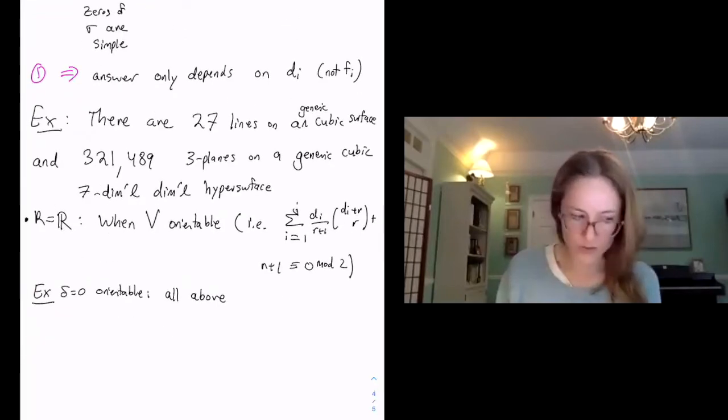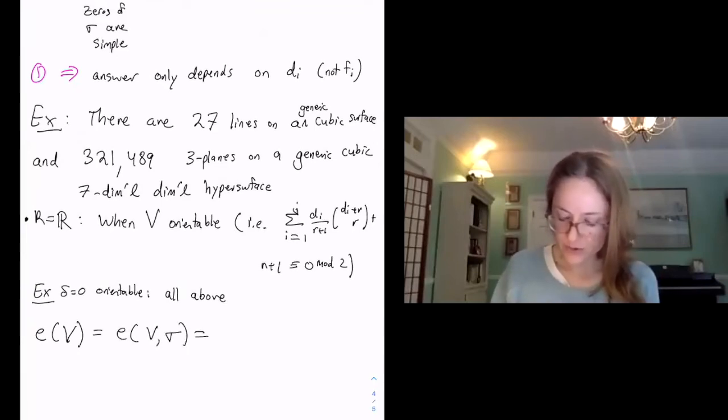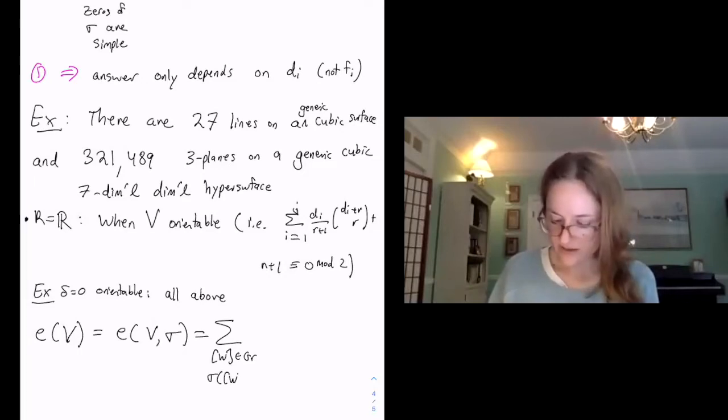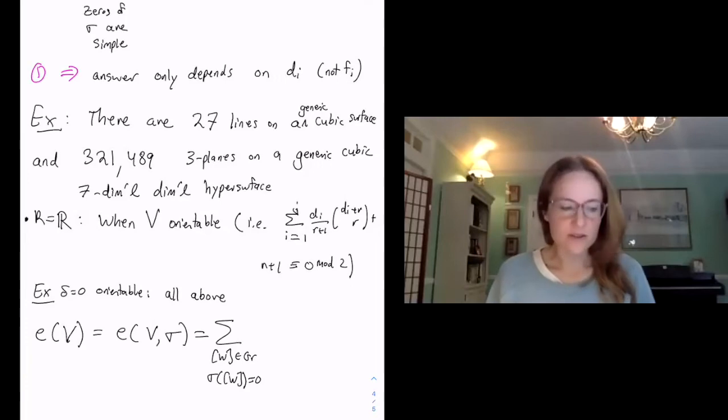And we can again compute the Euler number. It can again be computed with respect to a section. And again, since the zeros are isolated, we have that this is a sum over the points of the Grassmannian of these zeros. And then there's this local term, the local degree of a function.